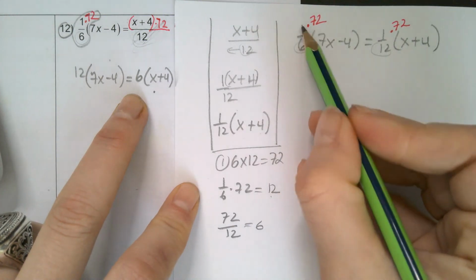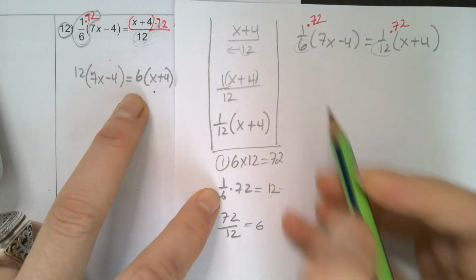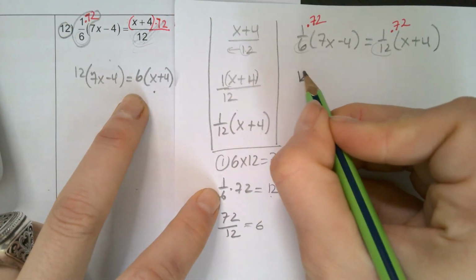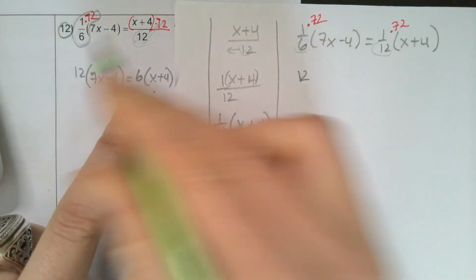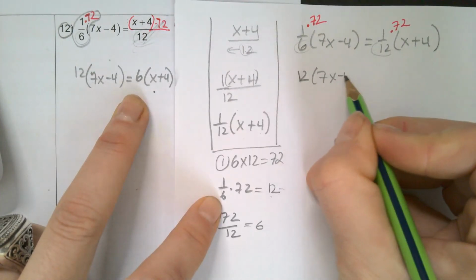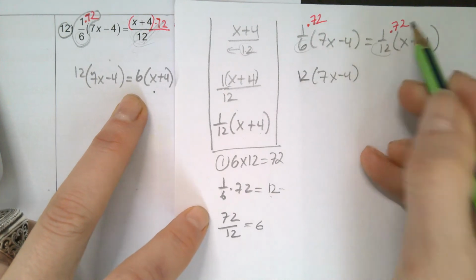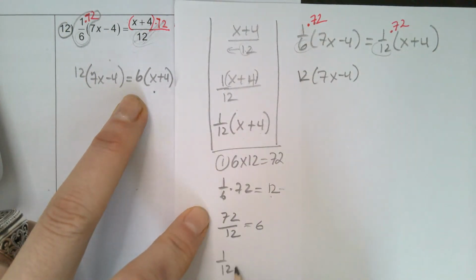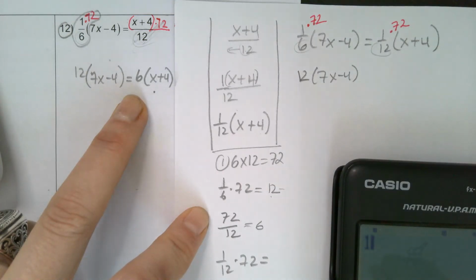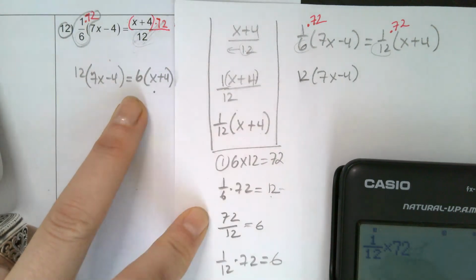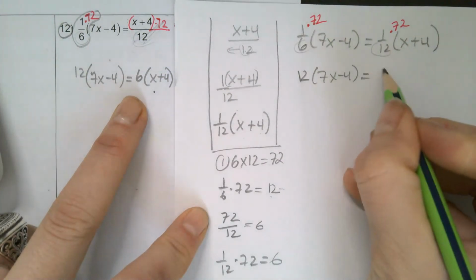Here, 1 over 6 times 72, that's 12. So that's a 12 because we did that the same as over there. And 1 over 12 times 72, 6. It's the same. So here, I'm just going to put 6 in the front.